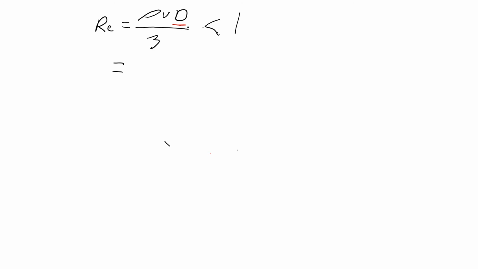So we know our density is 1,000 kilograms per meter cubed, times our velocity, which we calculated in the previous example, 2 times 10 to the minus 6 meters per second, times the diameter, which was 0.05 centimeters, which is 0.0005 meters.